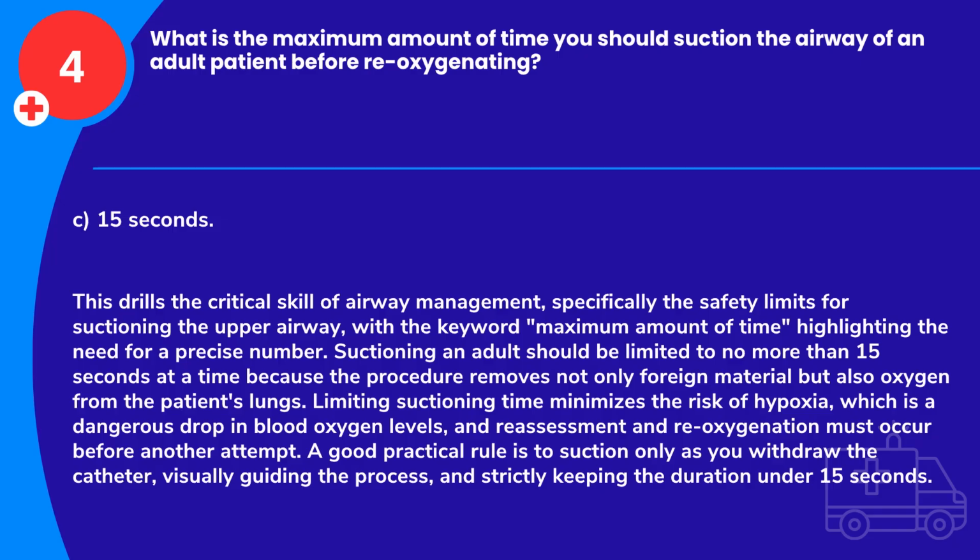Limiting suctioning time minimizes the risk of hypoxia, which is a dangerous drop in blood oxygen levels, and reassessment and reoxygenation must occur before another attempt. A good practical rule is to suction only as you withdraw the catheter, visually guiding the process, and strictly keeping the duration under 15 seconds.